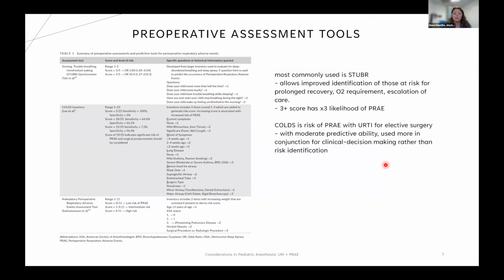A couple of the reasons why, as you can see on this chart, is that the sensitivity varies as the score gets higher, and the specificity doesn't necessarily increase and correlate that much either. But what they did notice is that a score of 19 out of 25 indicated a significant risk of PRAE, and they recommended that postponing surgery would be beneficial for the patient.